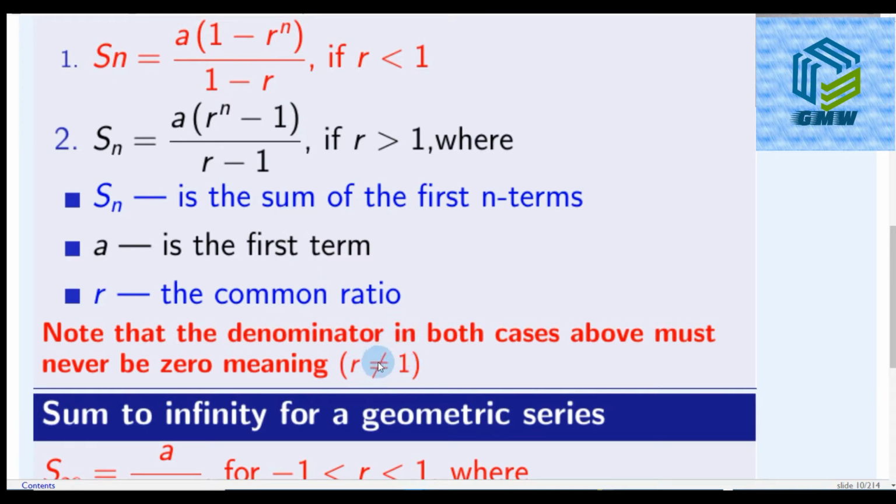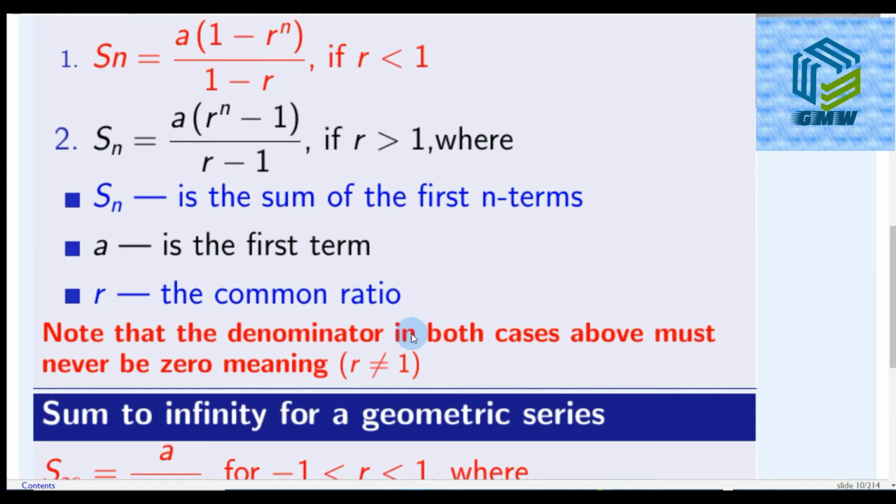So r must never be 1. If r becomes 1, you end up having 1 minus 1, or in this case also 1 minus 1. That will cause the denominator to be 0, and that's what we are avoiding. That's why we are restricting the value of r at this point. Whenever you are dealing with geometric, your calculations should not give you a value of r that is equal to 1, because it causes that undefined.